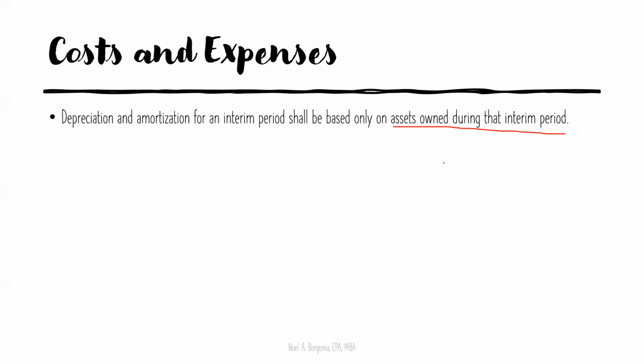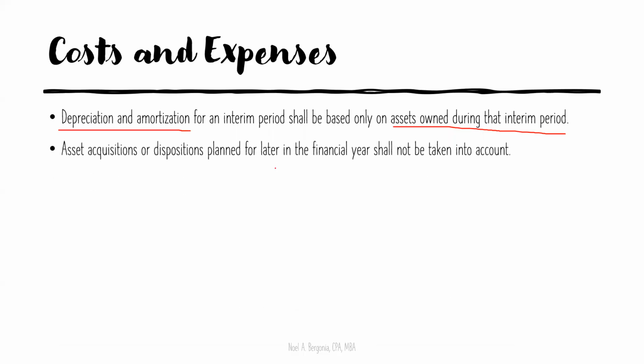In the annual, it will be spread out over the periods it was being used. But again, whatever depreciation or amortization should only be related to the asset owned in the interim periods. Moreover, the asset acquisitions and disposals planned for later in the year should not be taken into account.